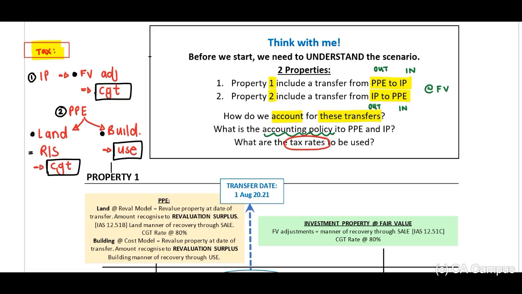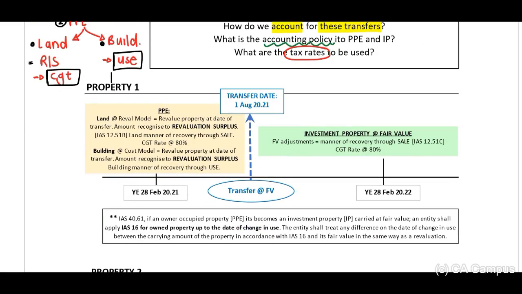Now, if we take this one step back and we only look at property 1 for now. Property 1, we have identified that this is PPE from date of acquisition until 1 August 2021. Therefore, if this is PPE, important, remember to follow IAS 16.